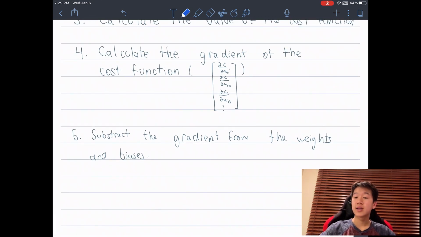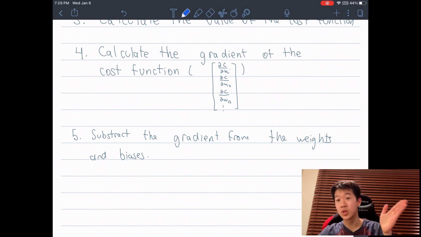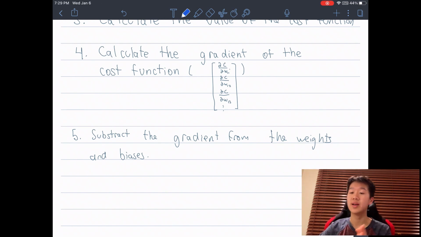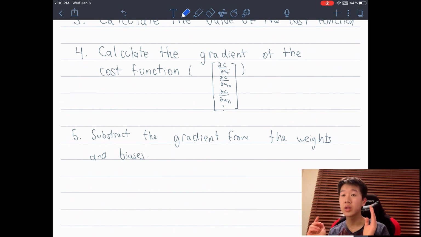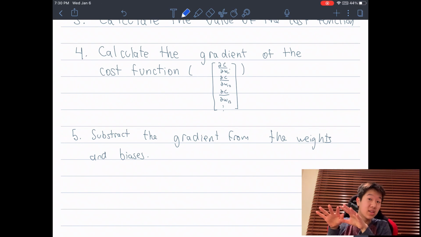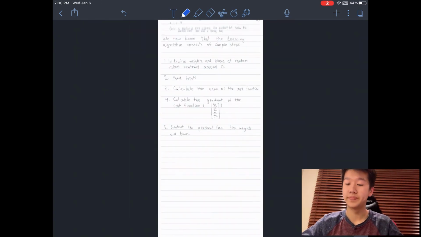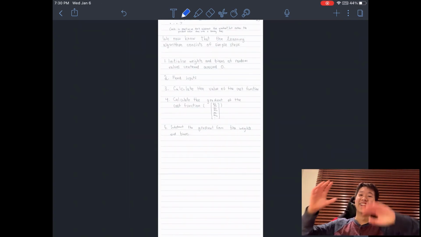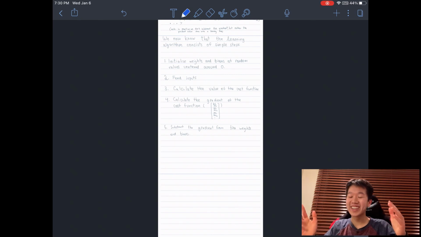You subtract the gradient from the weights and biases, and you make sure you subtract the value correctly. So when it's W111, you want to subtract the entry del C over del W111. And of course, in practice, we would scale the del C over del W111 with a learning rate, maybe 0.3, 0.01, I don't know. And so this was it for gradient descent.